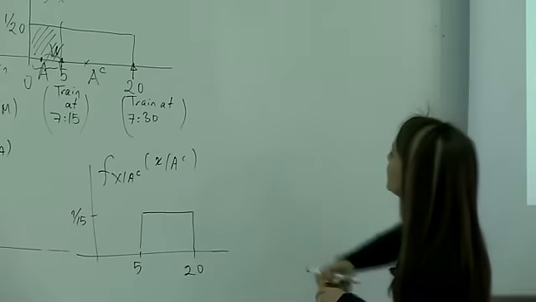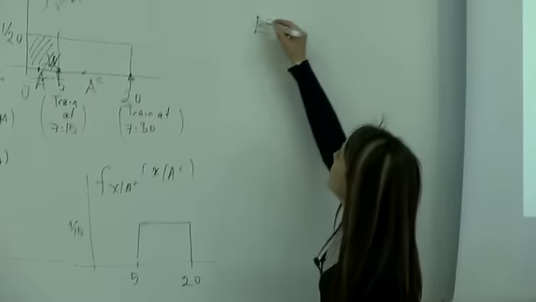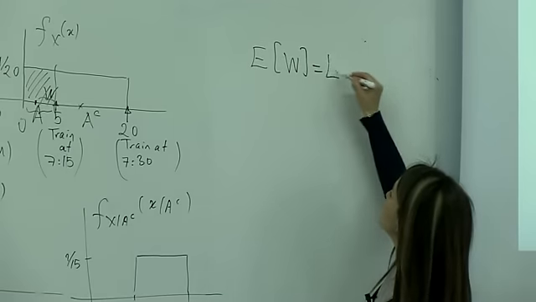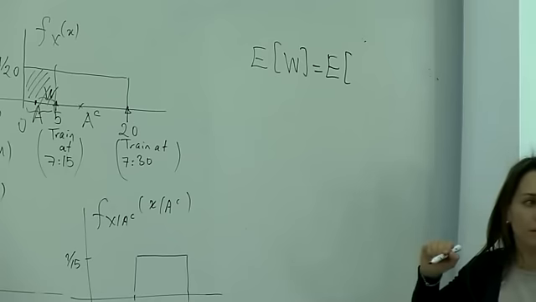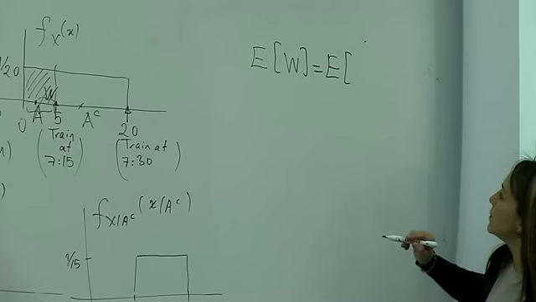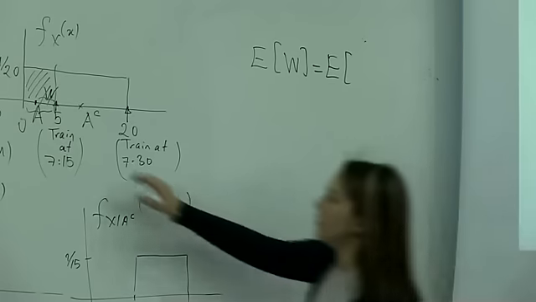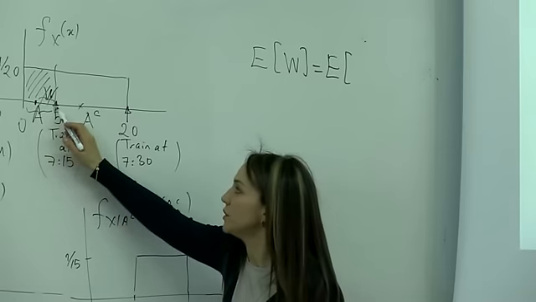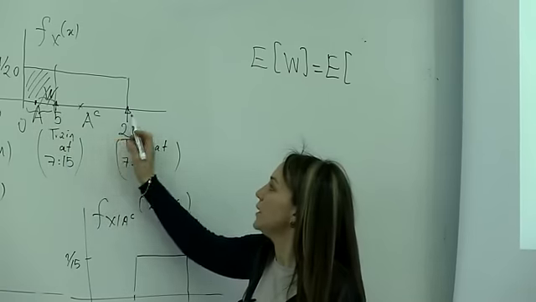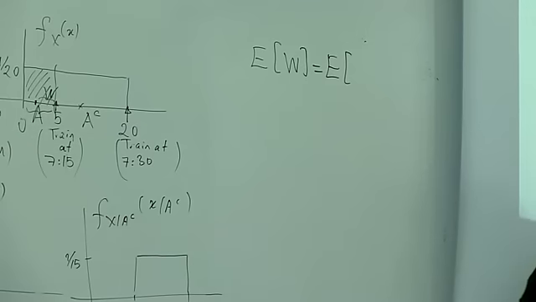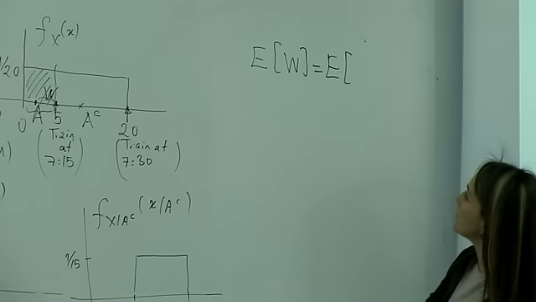Expected value of my waiting time is equal to the expected value of 5 minus my arrival time, if I arrived in this region, and 20 minus my arrival time if I arrived in this region.